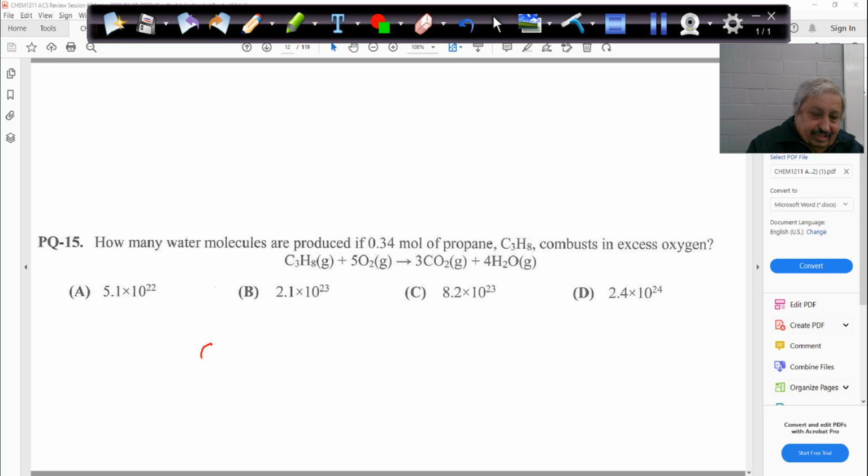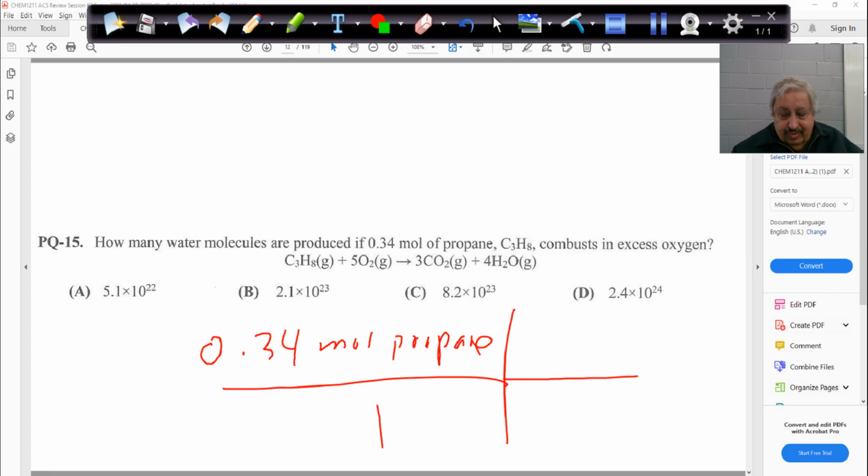We have 0.34 mole of propane over 1, correct, and then we have 1 mole of propane is Avogadro's number.